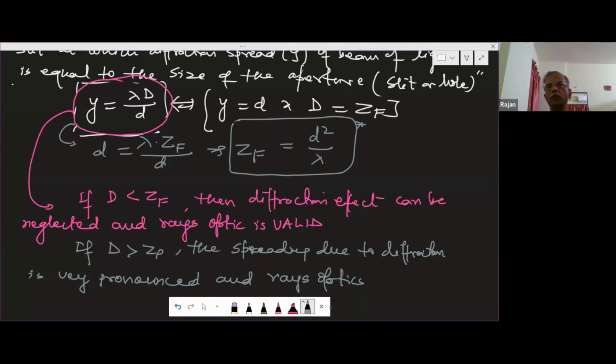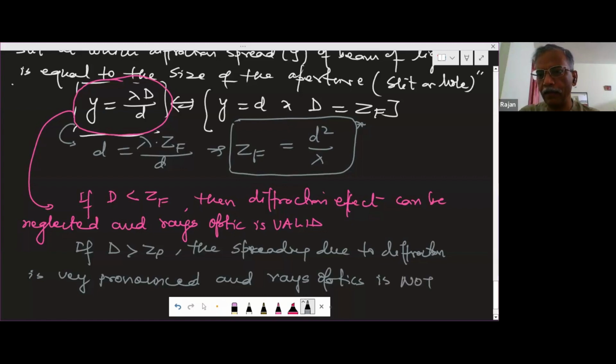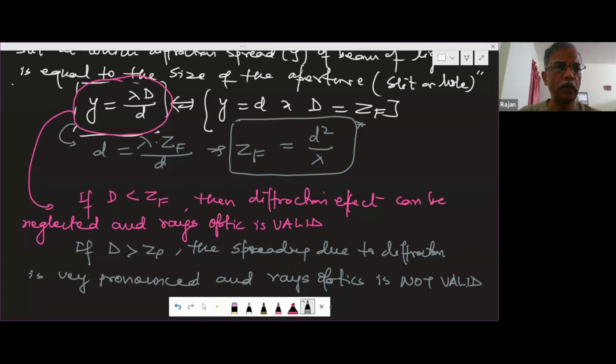So once the spreading is coming, ray optics is not valid in this case. Clear why it is not valid? Questions are there from this area. Very important thing, Fresnel distance is important. So please note it down, and once done, let me know. I'll go further.